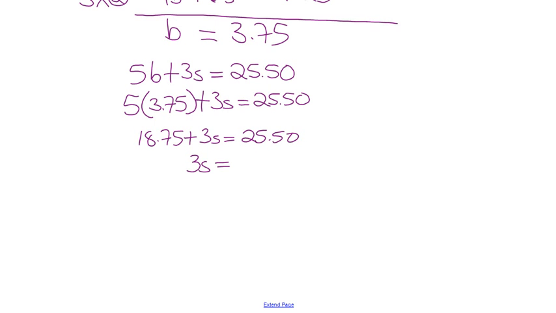So 3s is equal to whatever that minus that is. 6.75. And so s is 2.25. So what are we going to say?